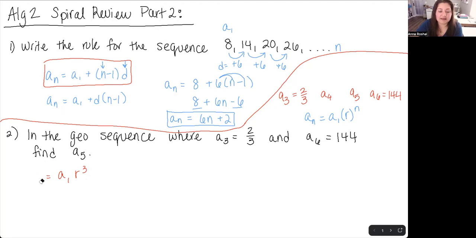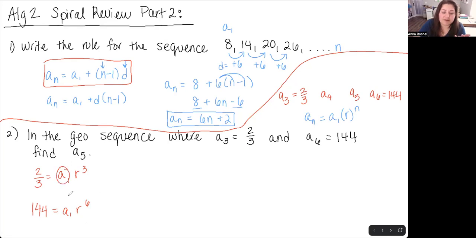And I can also replace a sub 3 with 2/3 because that is the value of a sub 3. Okay. The other term is a sub 6 and 144. So for that one, I can say, hey, 144 is a sub 1 times the rate to the 6th power.